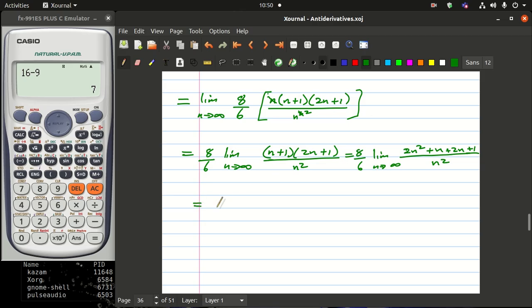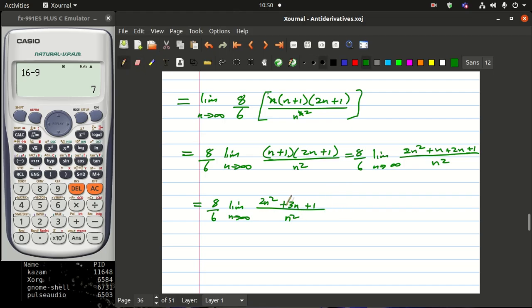If you proceed here, you will find out that we have 8 over 6 times the limit as n approaches infinity of, simplifying this, 2n squared plus n plus 2n, which is 3n, plus 1, all over n squared.